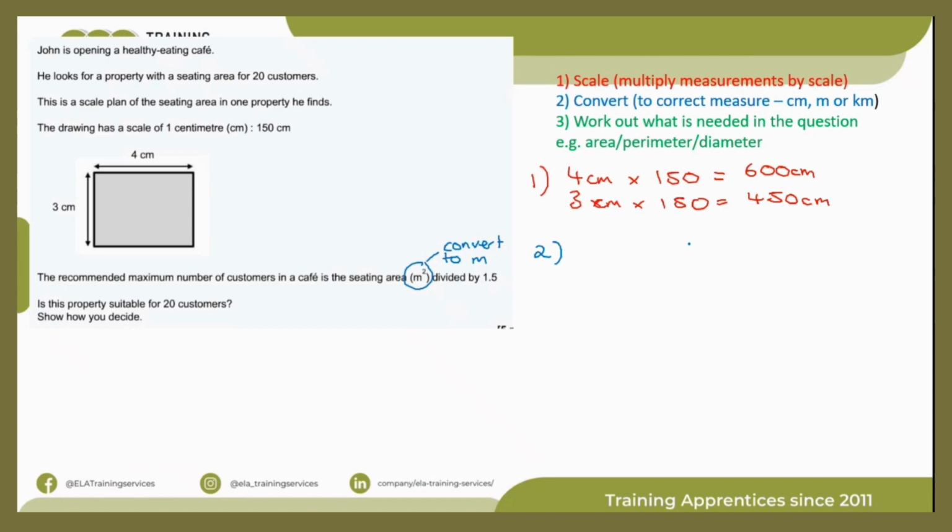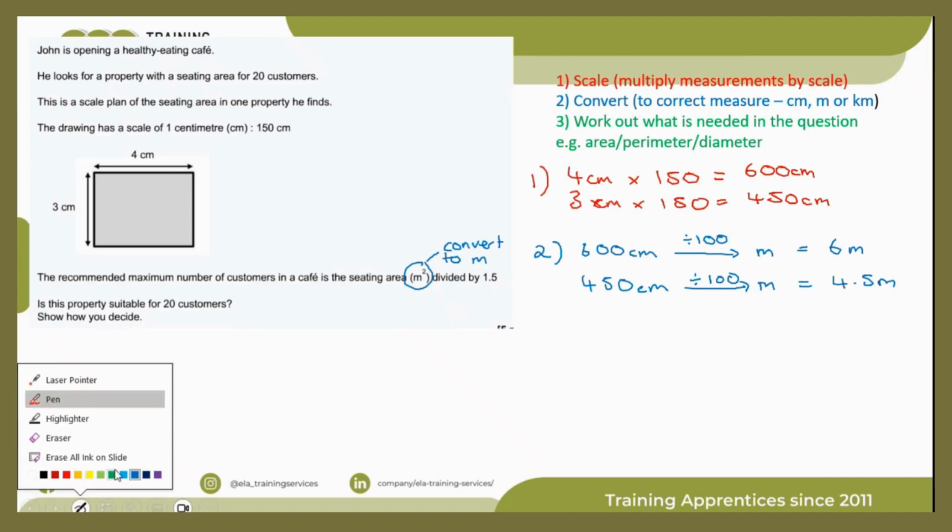So this time we don't have to do a double step, we only have to do it once. So 600 centimetres to metres, we're going to divide by 100, which is then 6, and then 450 centimetres divided by 100 is then 4.5, and we've got our conversion of our units.